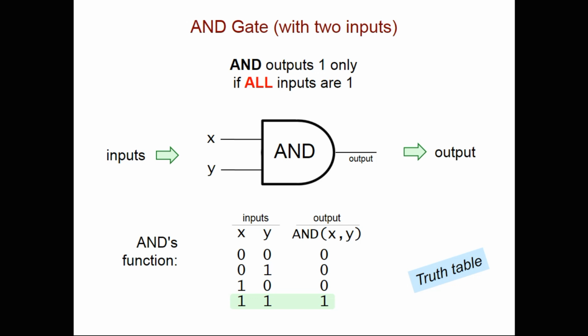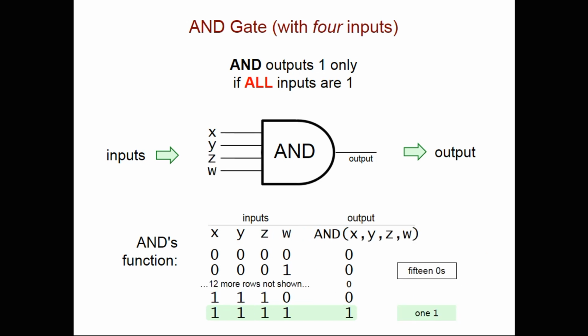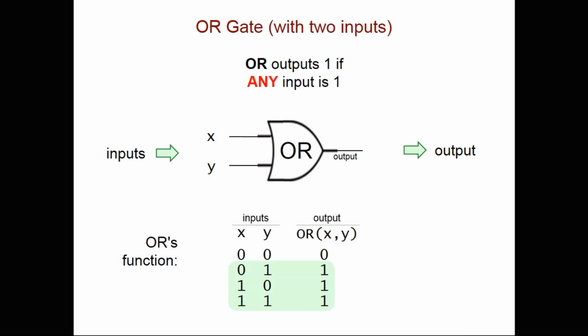We can see an AND gate with X and Y as inputs and its truth table in this slide, and we can see that the output is 1 if both X and Y are 1. We can extend this AND gate to have 4 inputs, but the functionality stays the same. It is true for the OR gate.